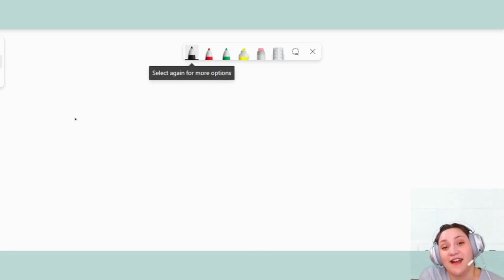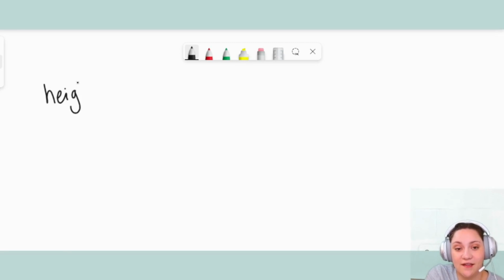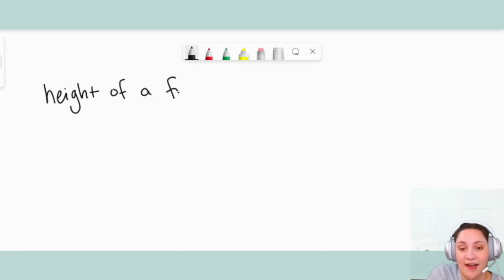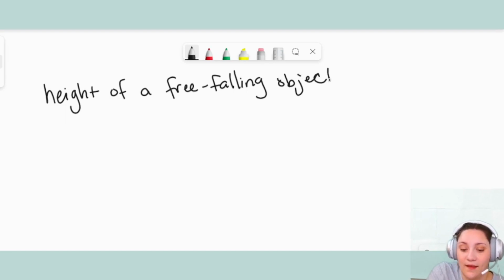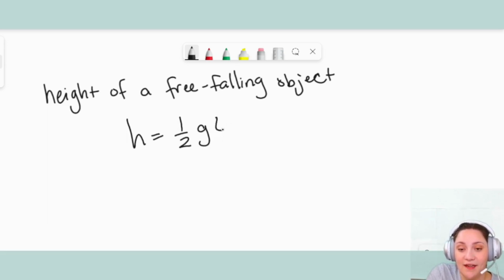Physics has a lot of these types of equations. You don't need to memorize this, but just to show you as an example, we can calculate the height of a free falling object at a point in time. That height is equal to 1/2 times the gravity times the time squared plus the initial velocity times time plus the initial height.